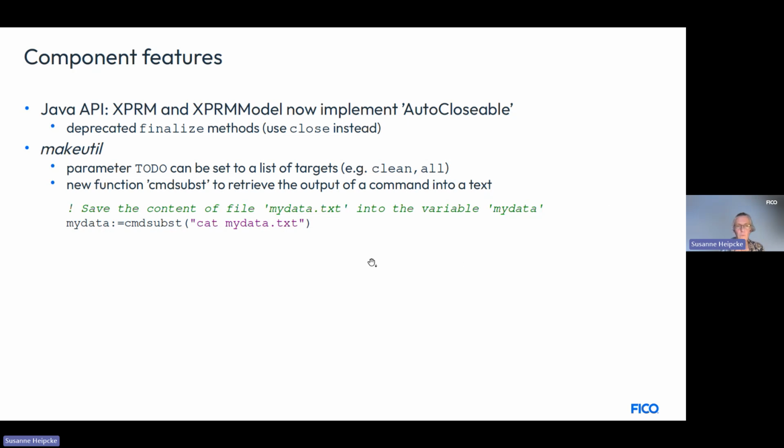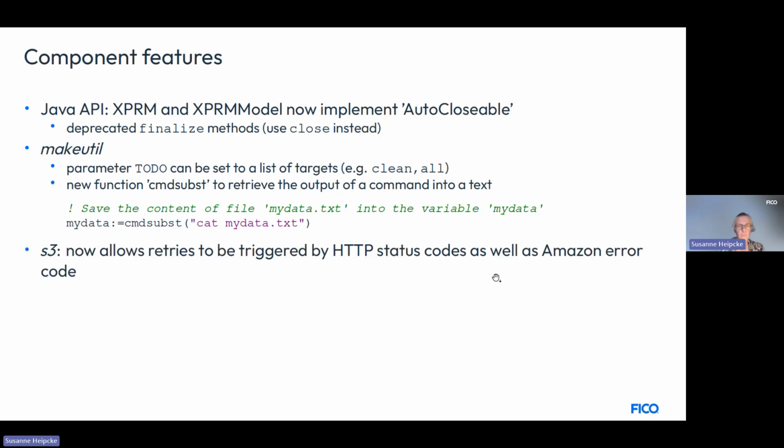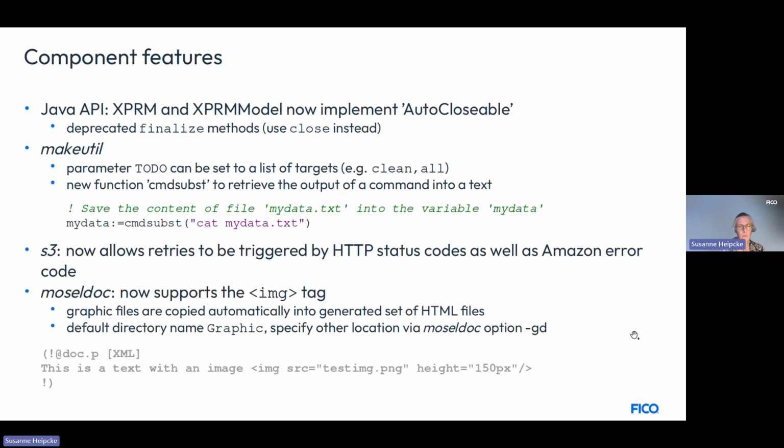There's also a new subroutine cmd sub-st to retrieve the output of some system command into a Mosel text. S3 now has a more detailed handling of HTTP status codes, also including Amazon error codes, so on AWS.